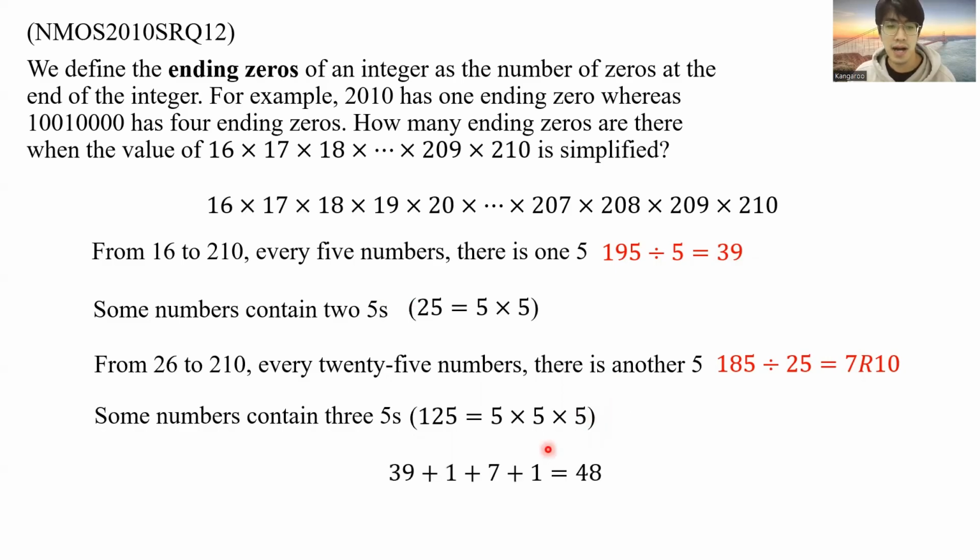So all in all, I have 39 plus 7 plus 1, which gives a total of 48 5s. Now, there will be more than enough 2s to pair up with these 48 5s to give me 10s. Therefore, at the end, we will attain 48 ending zeros in this product.